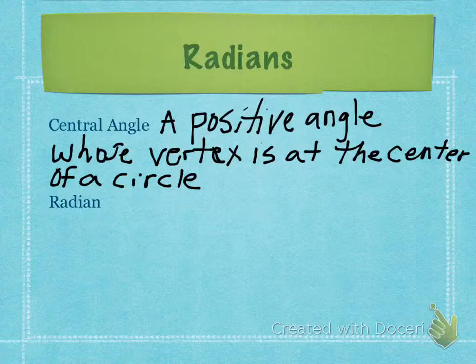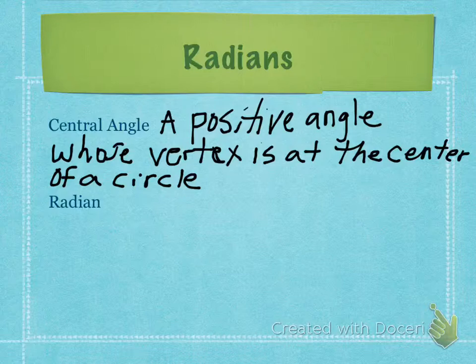So this whole idea of radians and why in the world we need them seems a little obscure. Can't I just do what I already did before? And the answer is actually no. And the reason for the answer being no is because radians don't work with calculus. And trig is preparing many of you to go on to a calculus course. So we need those radians to be able to work in calculus. Okay? So what is a radian?